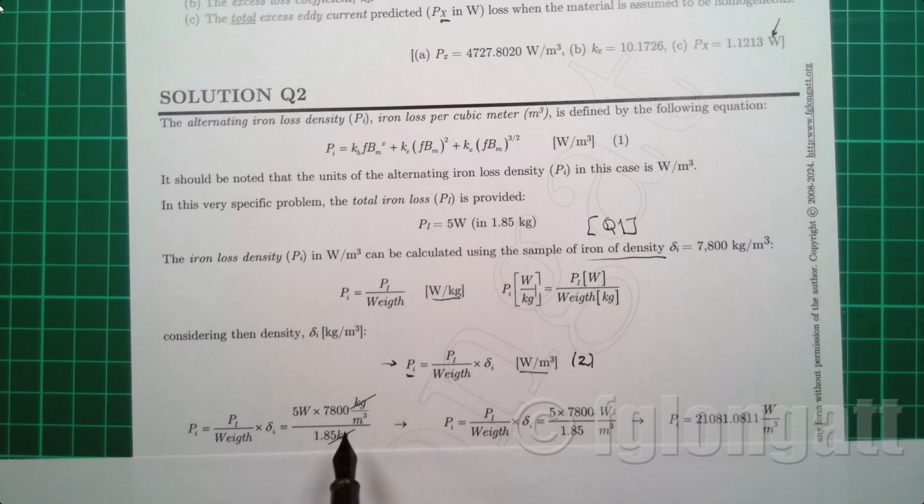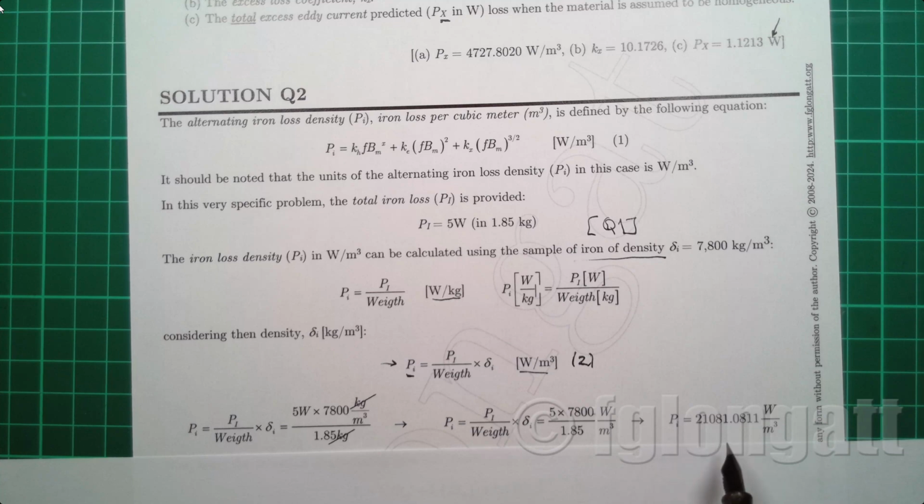If you pay attention to the units, you can see that the kilograms coming in the numerator of the density cancel with the kilograms here at the denominator of this equation. So finally, 5 times 7,800 divided by 1.85 will give you the active power loss density in watts per cubic meter.